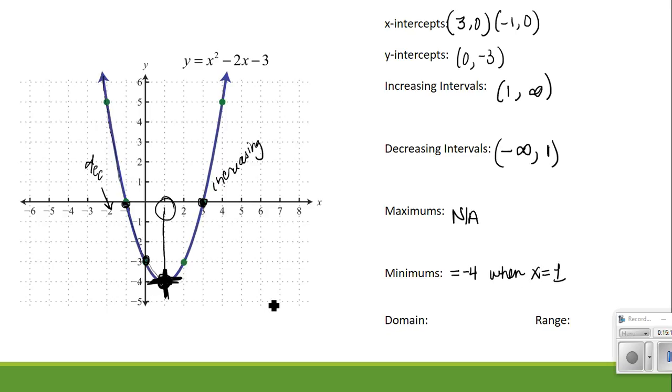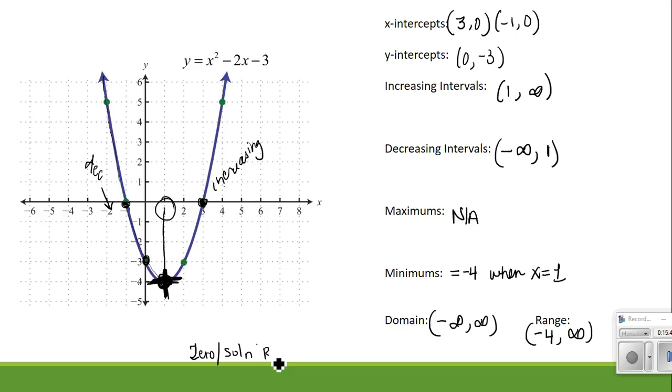Now if you use your foldable for your domain and range, you fold it on the left, you'll run into an arrow. You fold it on the right, you'll run into an arrow. That's -infinity to infinity. With the range, you fold it up from the bottom and you'll hit -4. You fold down the top, you'll run into an arrow, so -4 to infinity.